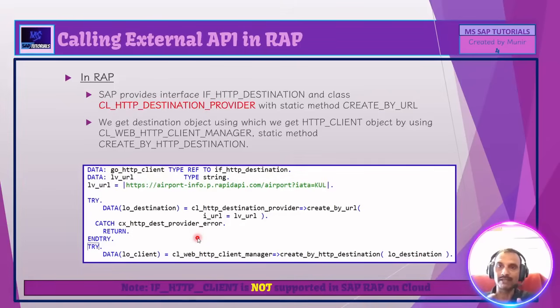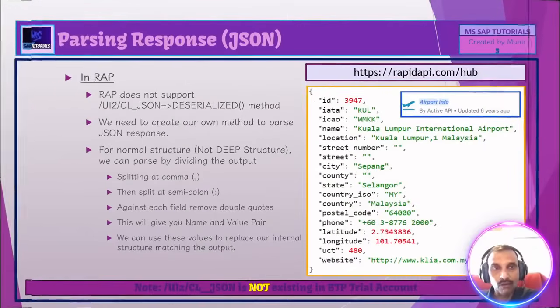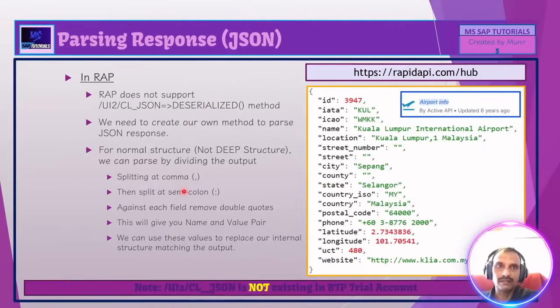You will have to prepare it the same way that we do once we get the client in ABAP as well. And using that client, you can then call, get the response back, and then parse the response and move on.